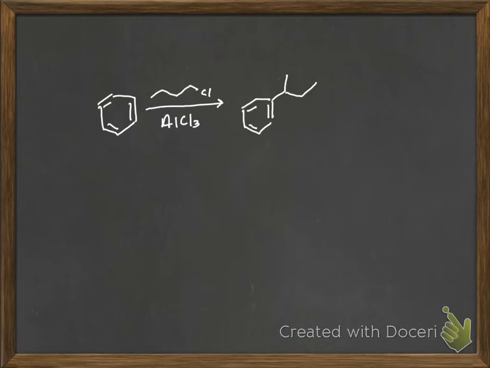All right, there's your product mixture. So it looks like this cannot be made. You cannot get 1-phenylbutane out of this, or butylbenzene. Well, you can. You just kind of have to trick your way around it just a little bit.